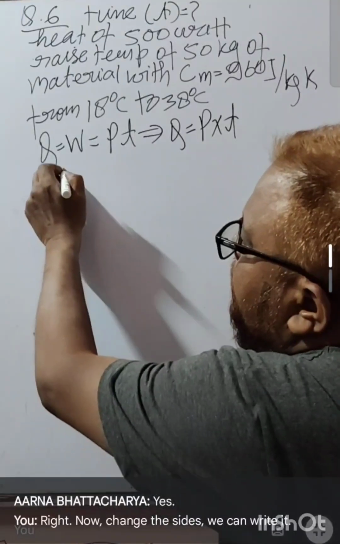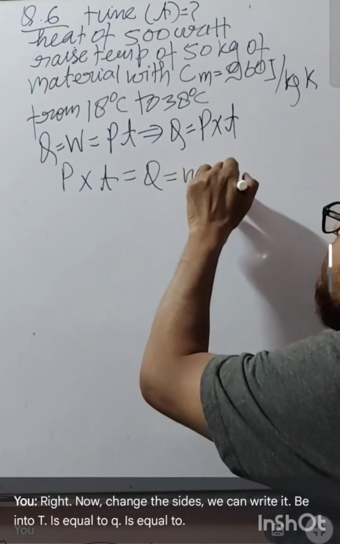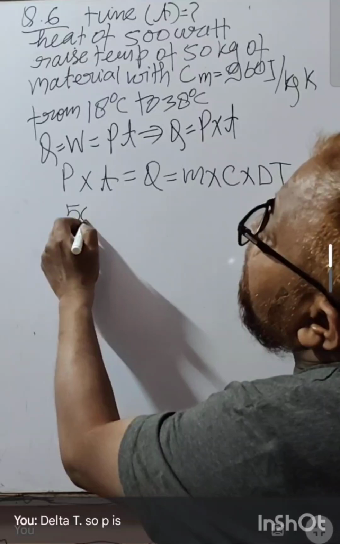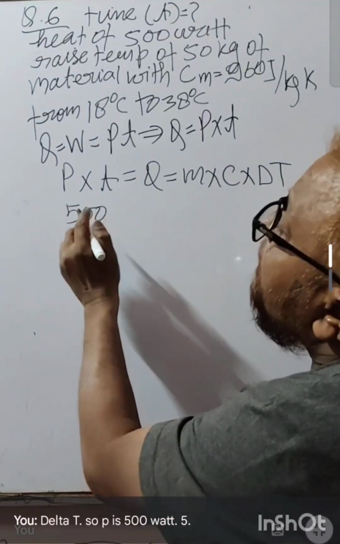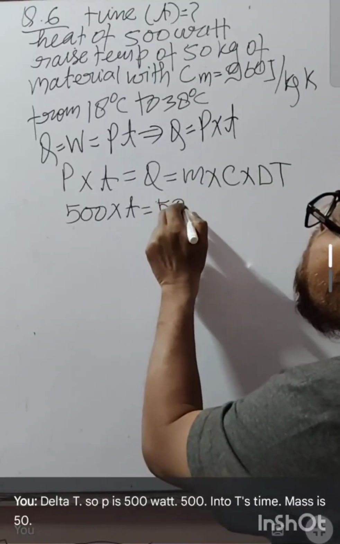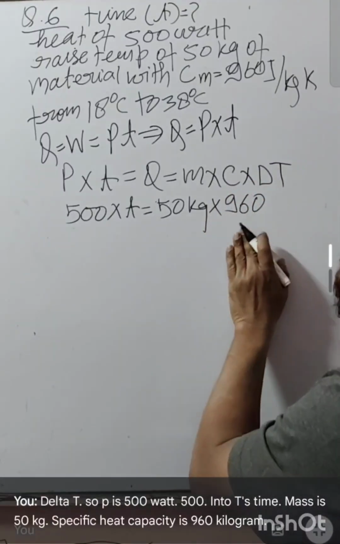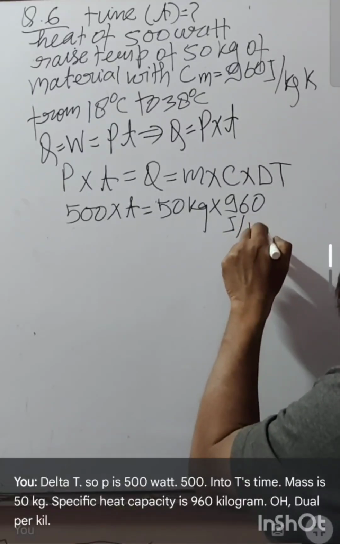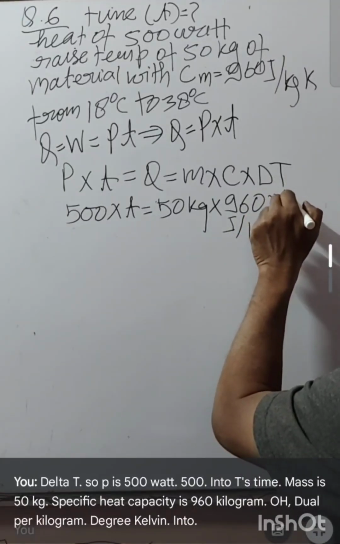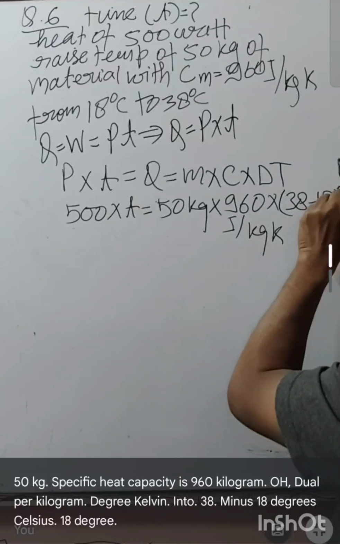We can write P into T is equal to Q is equal to M into C into delta T. So P is 500 watt, 500 into T is time, mass is 50 kg, specific heat capacity is 960 joule per kilogram Kelvin, into 38 minus 18 degrees Celsius.